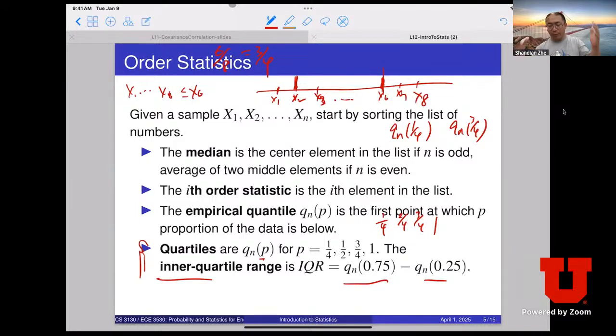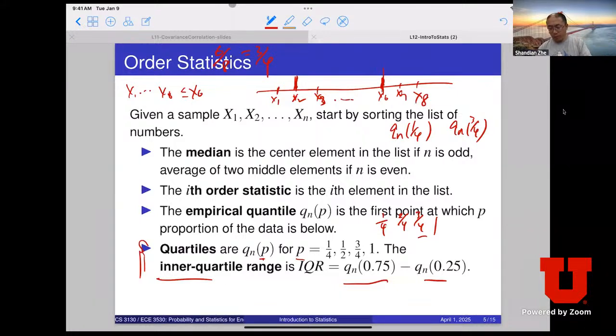It's a little bit not straightforward. The 3/4, or this P, just represents the proportion of the data points below that point. If you take X6, X1, X2 until X6 are all less than or equal to X6. You have 6 data points below X6 and 8 data points in total, so the portion below X6 is 3/4, or 75%.